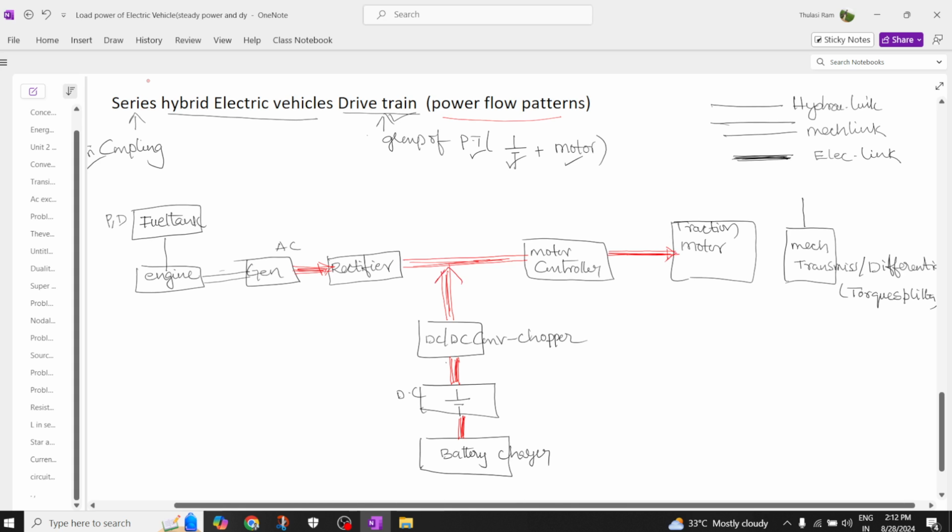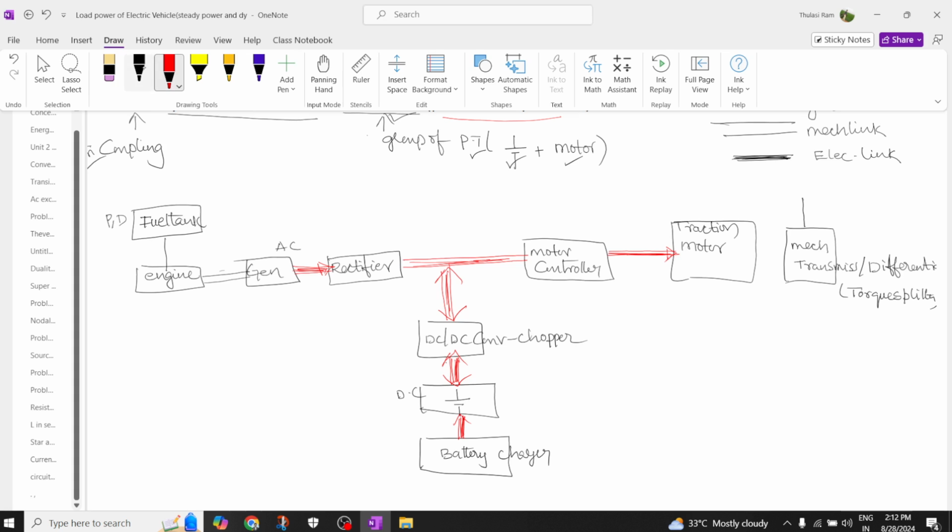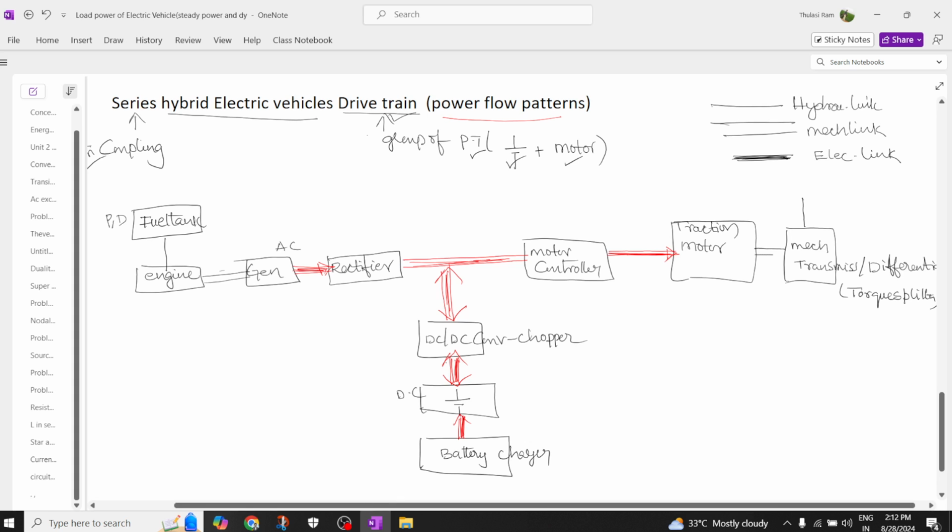So here this is bidirectional, so the power flows both ways. And through the motor we are connecting to a transmission. So again you have a mechanical link, and with the same mechanical link we need to split the torque with the help of a torque splitter. That's why it's called a torque splitter. And here you have wheel 1, and here you have wheel 2. So you have the two wheels.